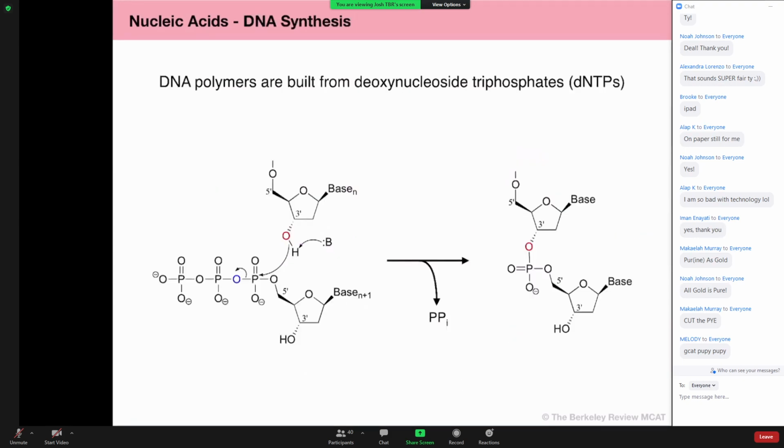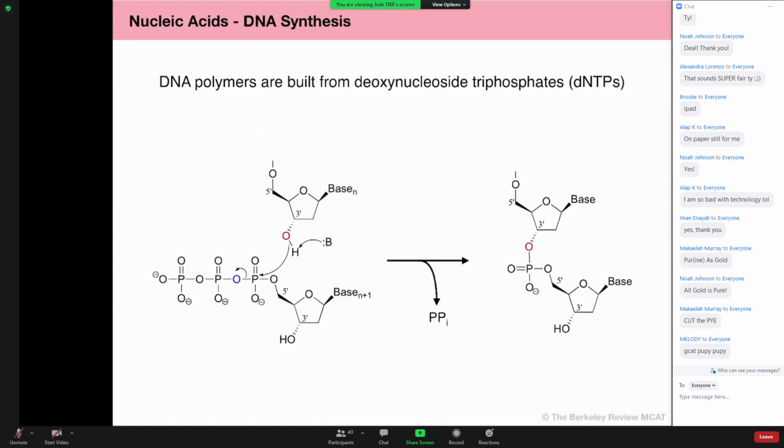So, right, DNA polymers, right, they're built from deoxynucleoside triphosphates, dNTPs, right, which is what we just went over. Okay. So if you take here, right, let's say this is a replicating DNA strand, right?